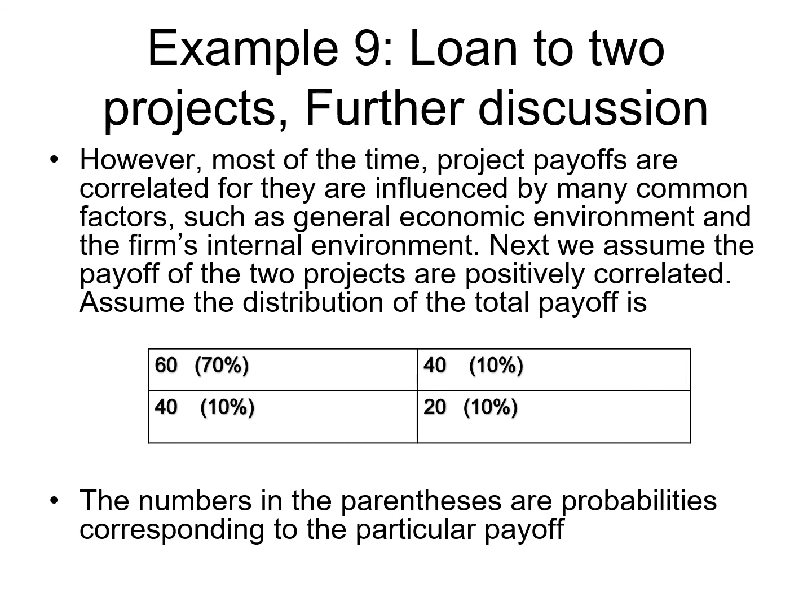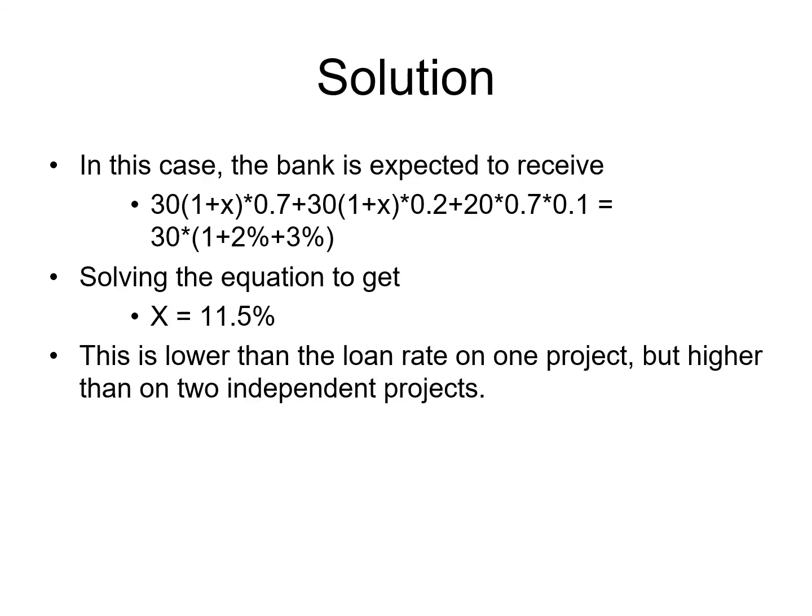You can see this is different from the distribution in example 8. The numbers in the parentheses are probabilities corresponding to the particular payoff. Solution. The solution is similar to the last one, but the probabilities are different.